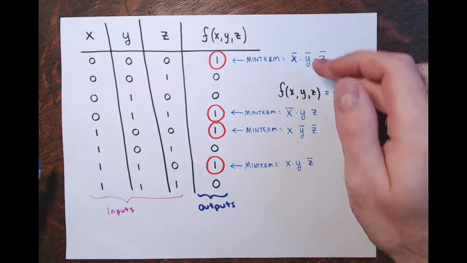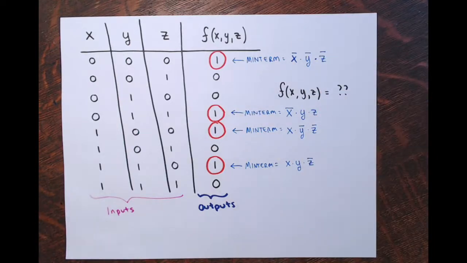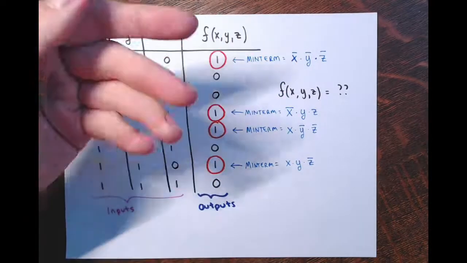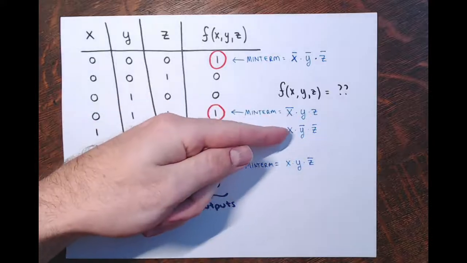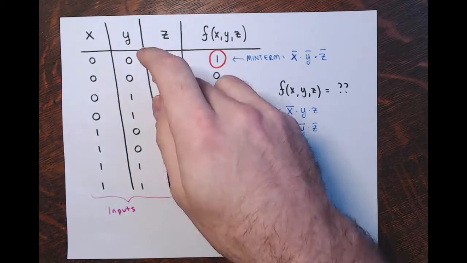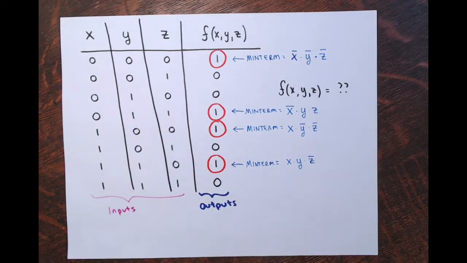Then this takes care of all the scenarios in which the output is 1. When is the output 1? Either in this situation, or this, or this, or this. So I add all these up. If that takes care of all the scenarios when the output's 1, then all the other inputs will give me an output of 0. So the function is complete.